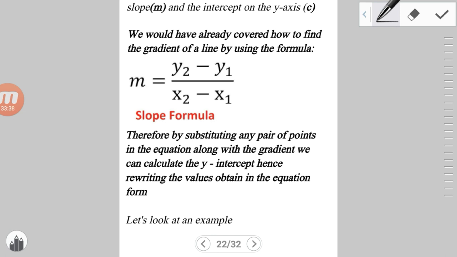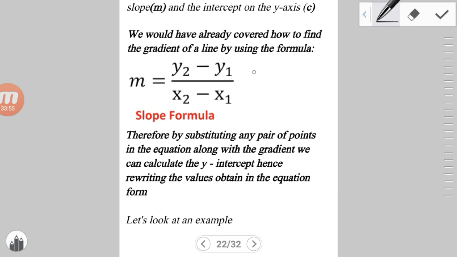So therefore, by substituting any pair of points in the equation along with the gradient, we can calculate the y-intercept, hence rewriting the values obtained in the equation in the form y equal mx plus c.